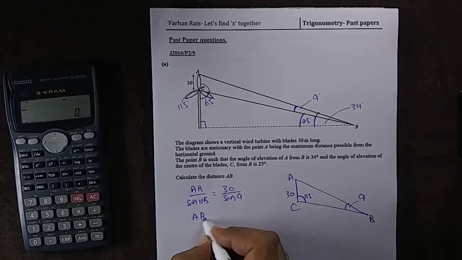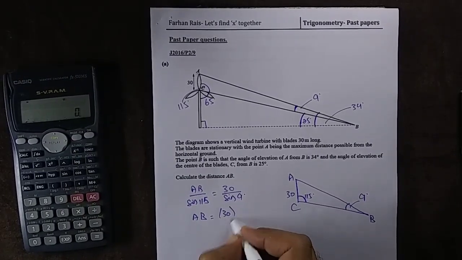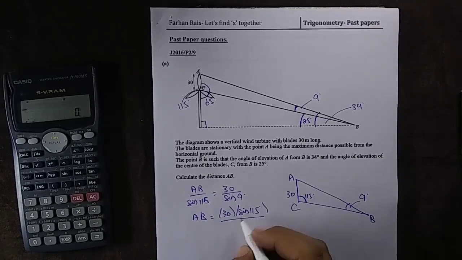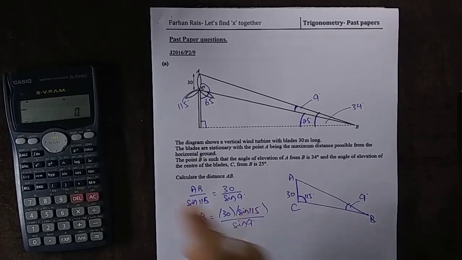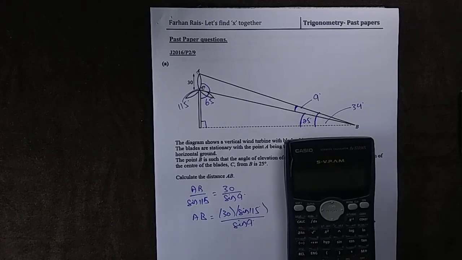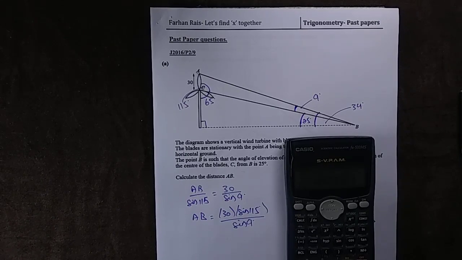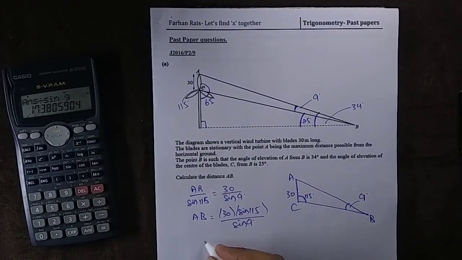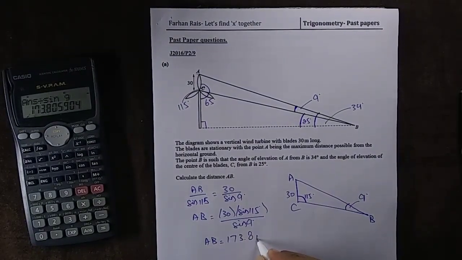So AB would be equal to 30 times sine 115 upon sine 9, and this can be calculated using a calculator, which would be 30 times sine 115 divided by sine 9, which is equal to 173.8. So AB would be equal to 173.8 meters.